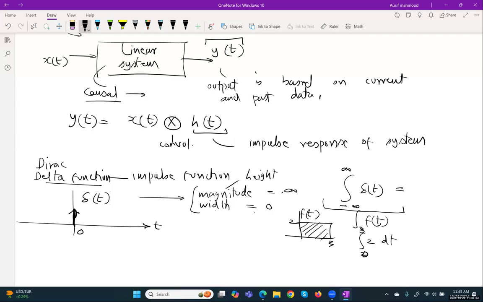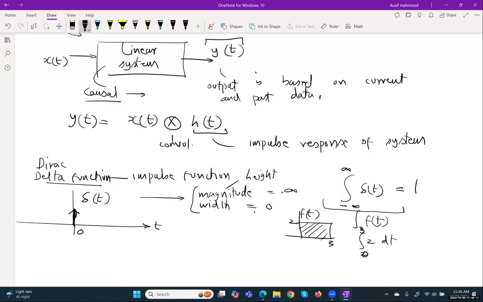What is the width of it? 0. What's 0 times infinity? It's undefined. In math, nobody knows. But Dirac said, no, the way this function is defined, if we integrate it, meaning the area under the curve, is 1.